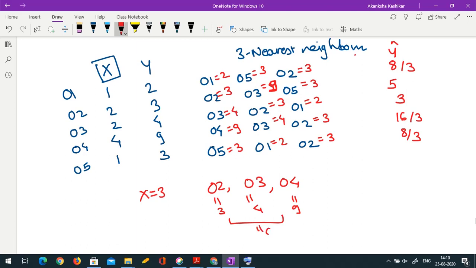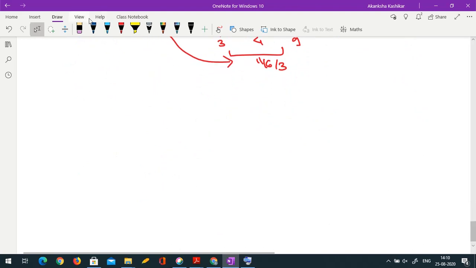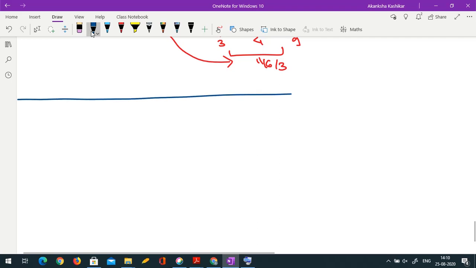So it turns out to be 16 by 3. Okay, so for new observation, so that is for the test data, my prediction would work in this way. Is it okay? So this is k nearest neighbor regression. So I hope both the things are clear to you, how k nearest neighbor classification works and how k nearest neighbor regression works. Okay.